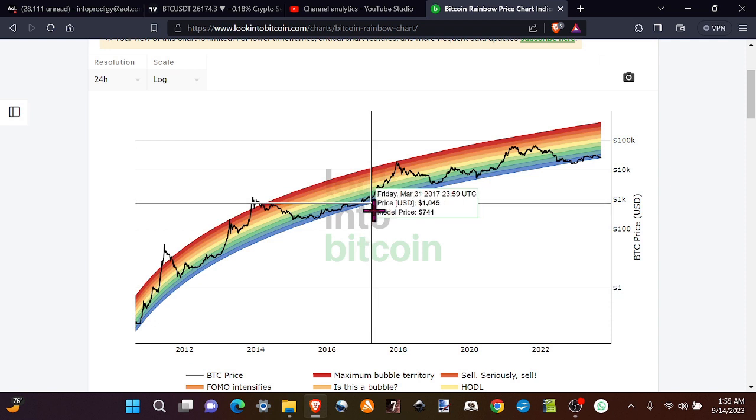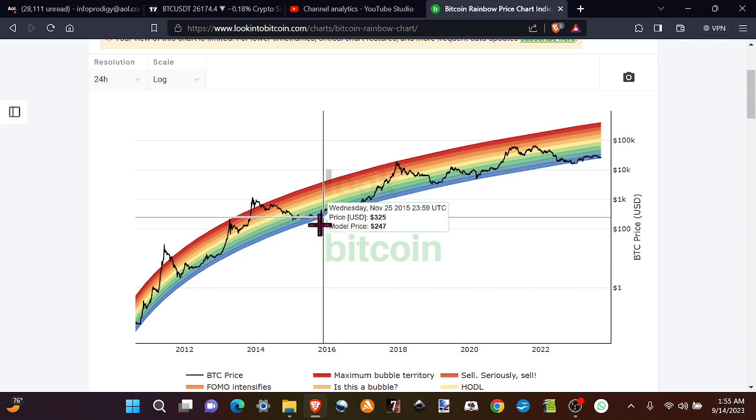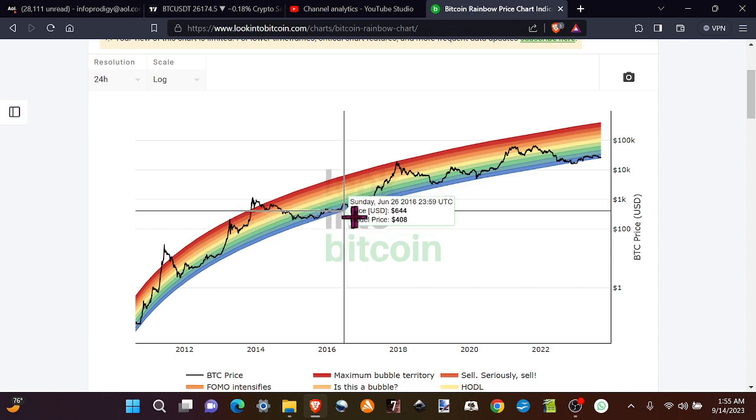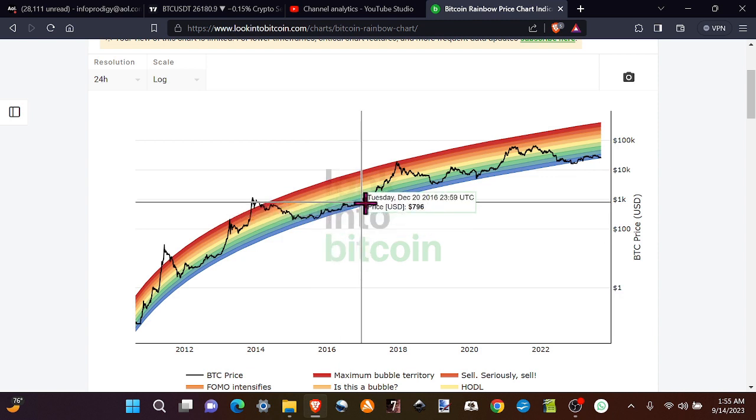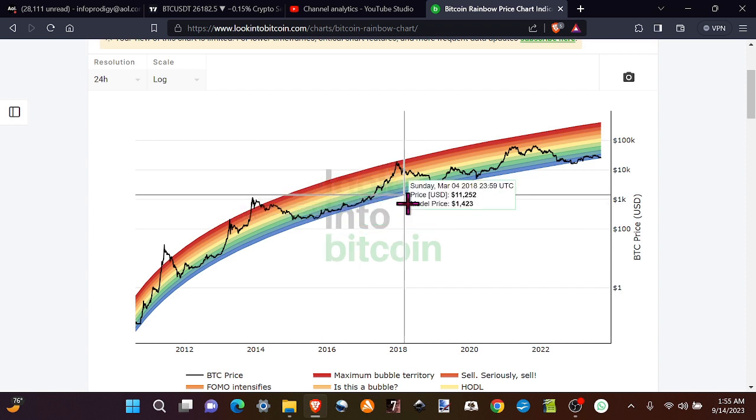Finally we went up into the actual bull run towards the yellow band and north of the yellow band up into the red in 2017. So this was a few years of sideways action, however going up in a logarithmic growth gradient over time.